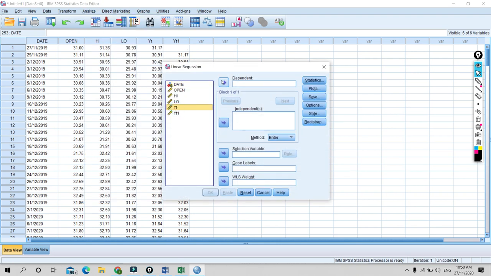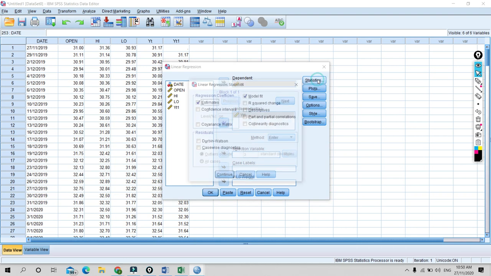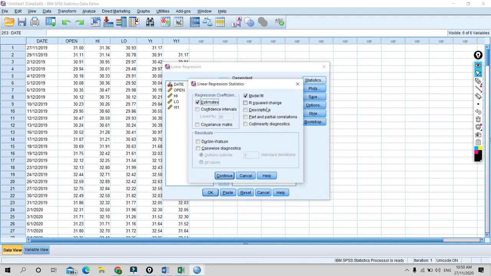You don't have to put the epsilon here. These are your model.